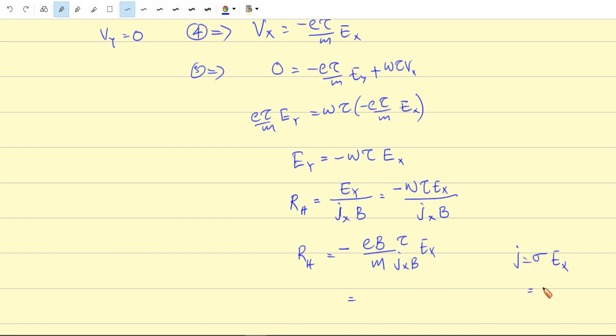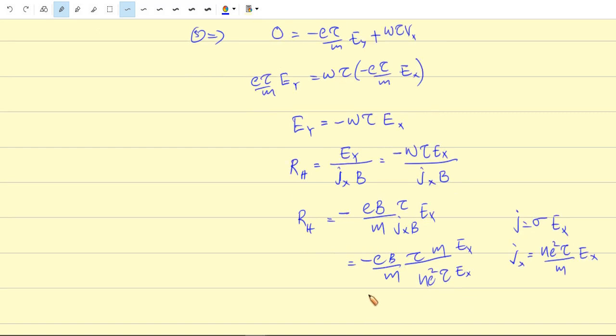What is sigma? Sigma is n e square tau by m, into Ex is the current density Jx. So substituting here, minus eB by m tau Jx, is n e square tau by m Ex, into this Ex.